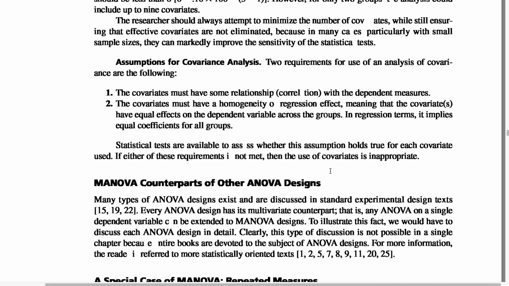Statistical tests are available to assess whether this assumption is true for the covariate used. If either of these requirements is not met, the use of the covariate is inappropriate.